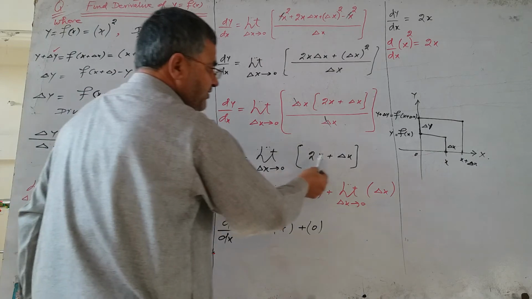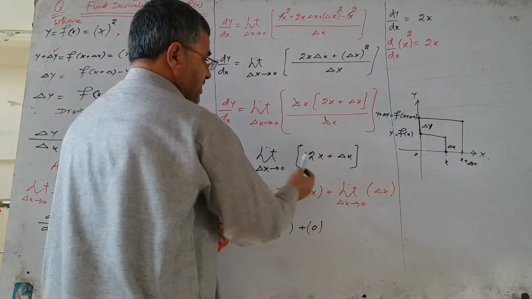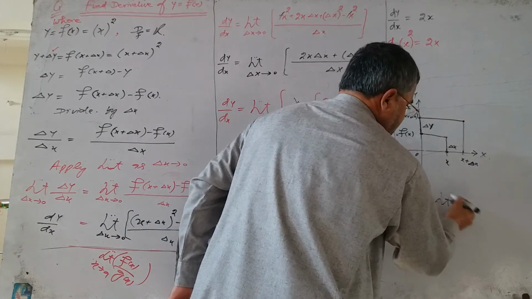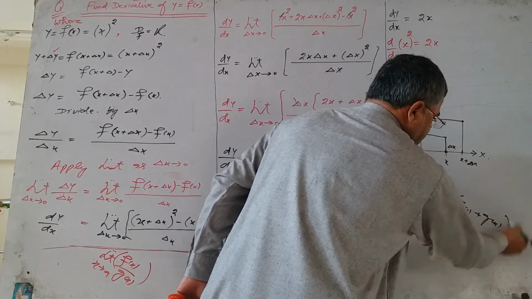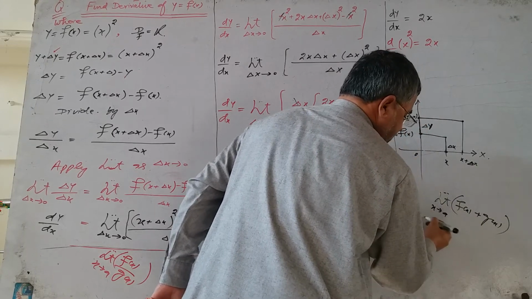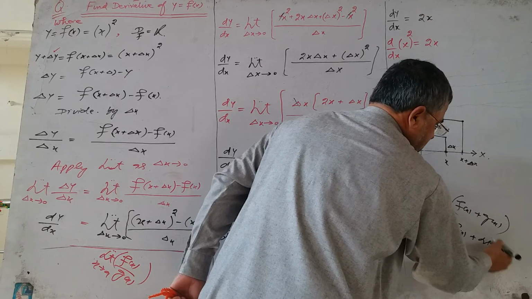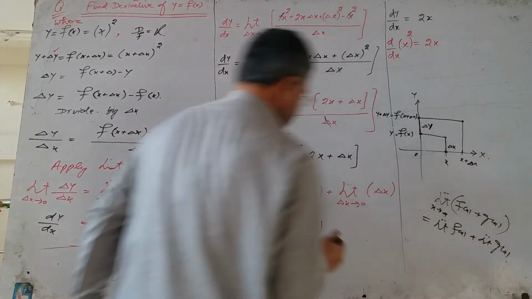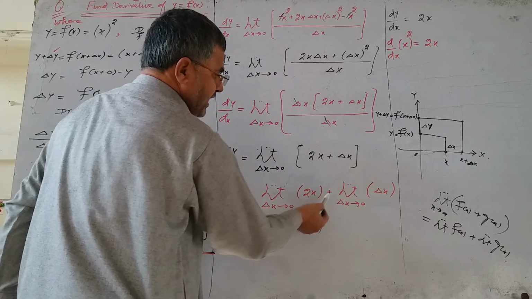Now, according to the rule for the sum of two functions, when the function is in the form of f of x plus g of x and we have to calculate the limit of this function, this is equal to the limit of the function f of x plus the limit of the function g of x. Therefore, we apply the limit to 2x and apply the limit to del x.